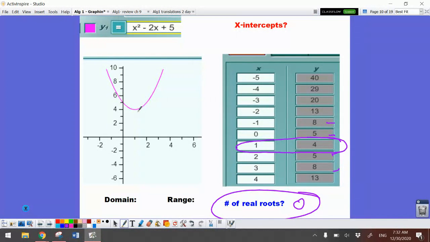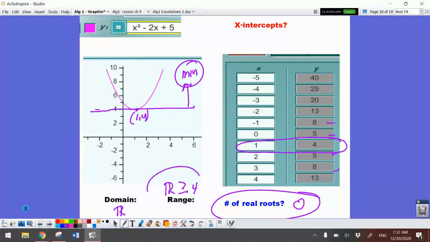So my vertex is 1, 4. So if I draw a line, I see that this is going the opposite direction. That is now a minimum. So I am going above that. Okay, so domain is real numbers, range is greater than or equal to, and where am I? I'm at 4. It's always going to be the y value of the vertex.